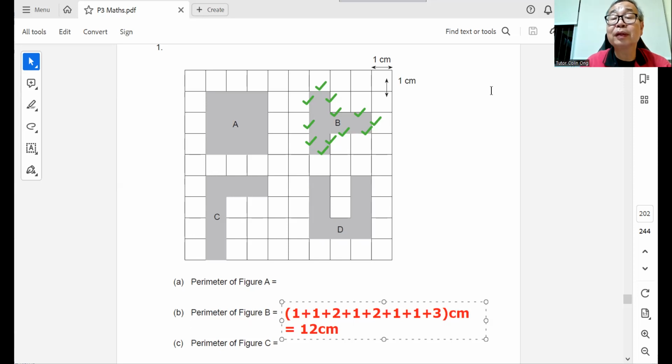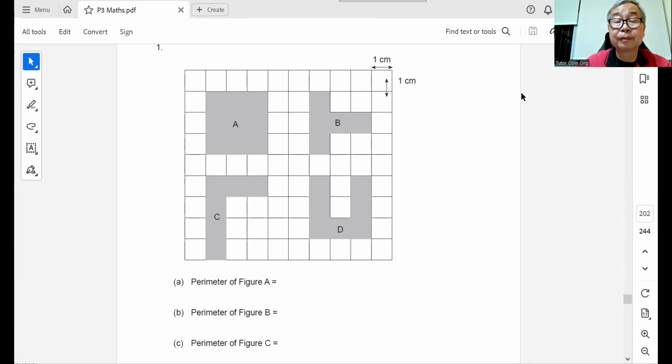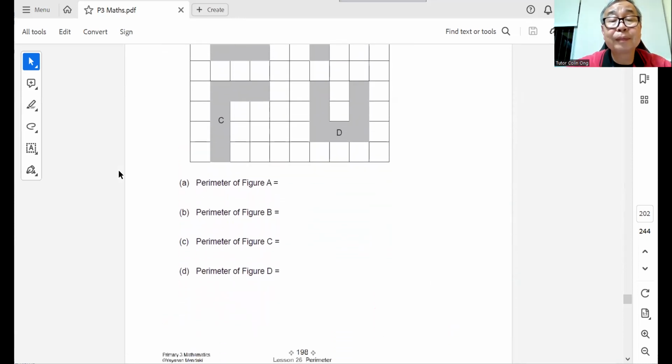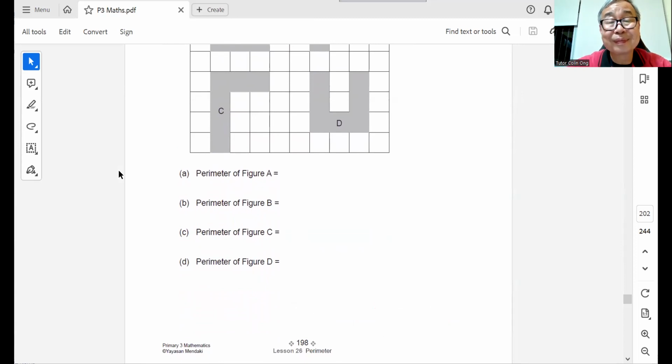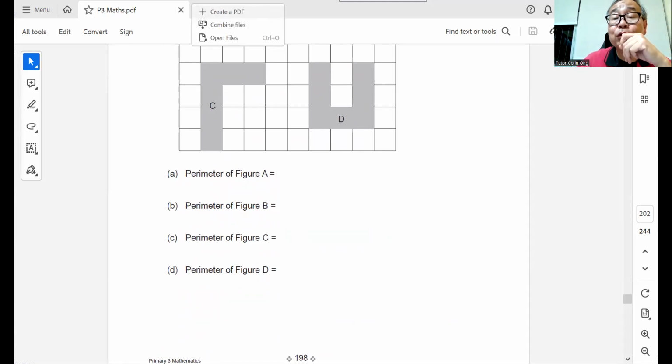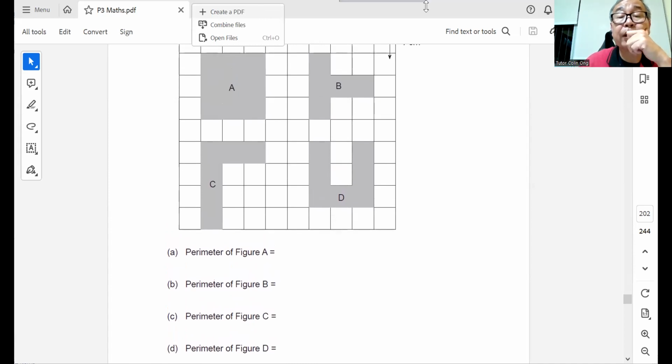All right, let's do the third one together. Let's do C. Try out C. So I'm not going to draw on the diagram now, I'm going to do it straight here. You should be getting a bit of the idea, yeah?